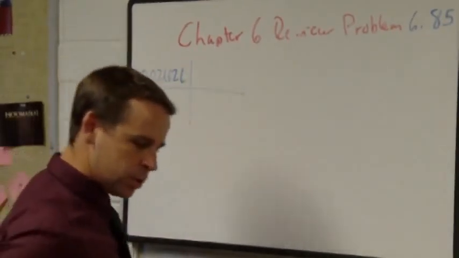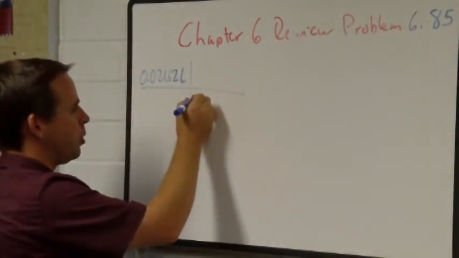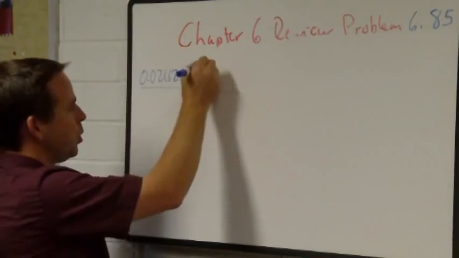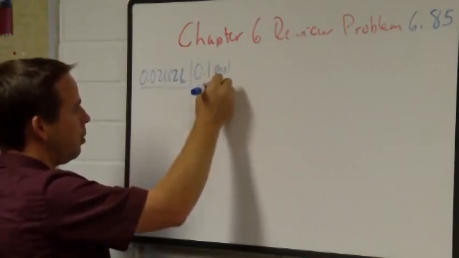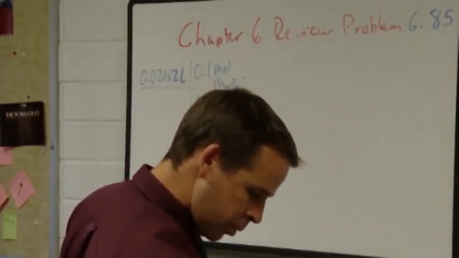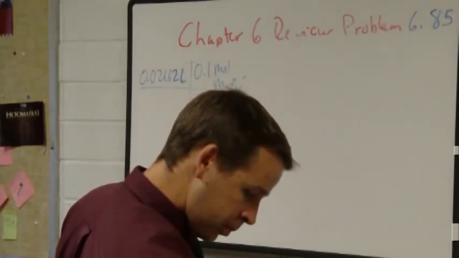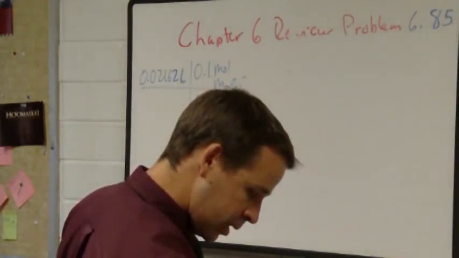The concentration of the solution, for every 1 liter, there's 0.1 moles of MnO4 minus. All right, and for every 2 moles of MnO4 minus, there were 5 carboxylic acids.